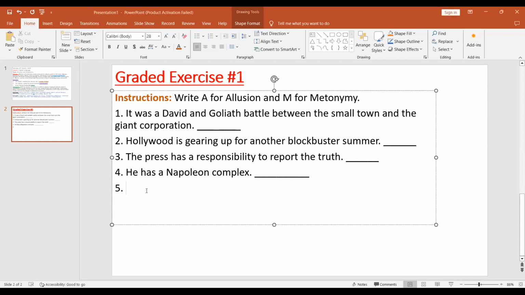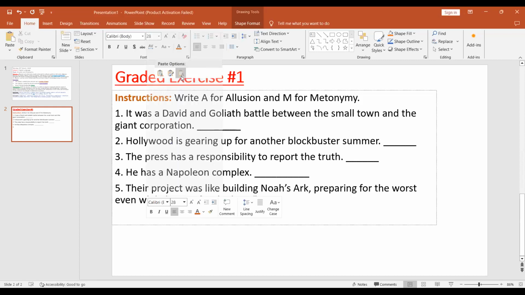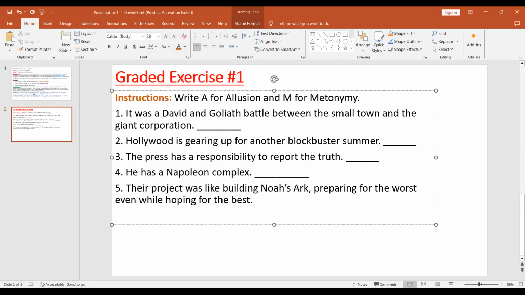All right, only write the number and the letter, please. Their project was like building Noah's Ark, preparing for the worst even while hoping for the best. I like that. It's an allusion.